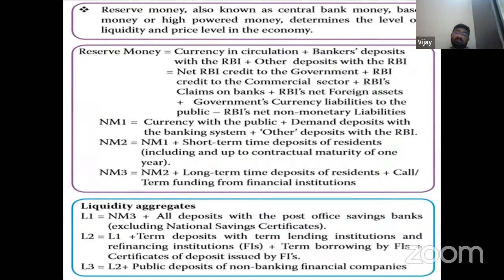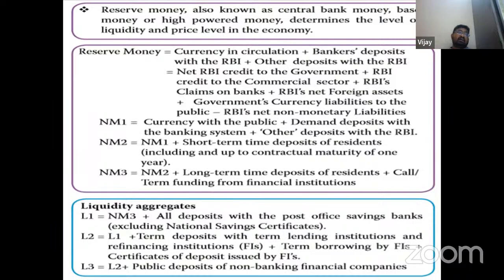Okay, so M3 plus this liquidity aggregates, which is a post office savings bank account. Then term lending financial institutions, then public deposits of non-banking finance companies, NBFCs.